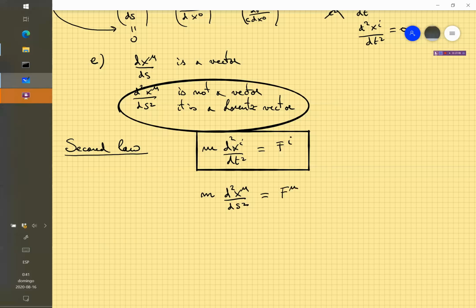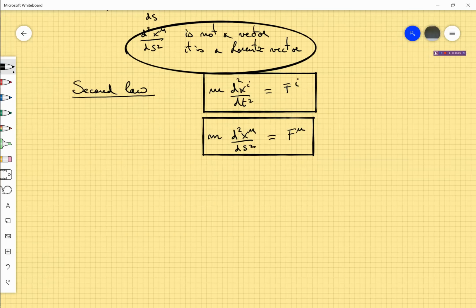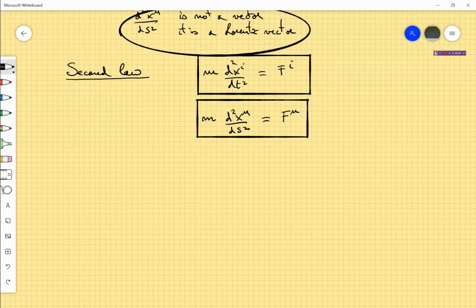Clearly this gives us the right generalization for the components mu equal to i, the spatial ones, but we are forced to introduce another component, mu equal to 0. So this f0 is really a new feature of the relativistic second law of motion.